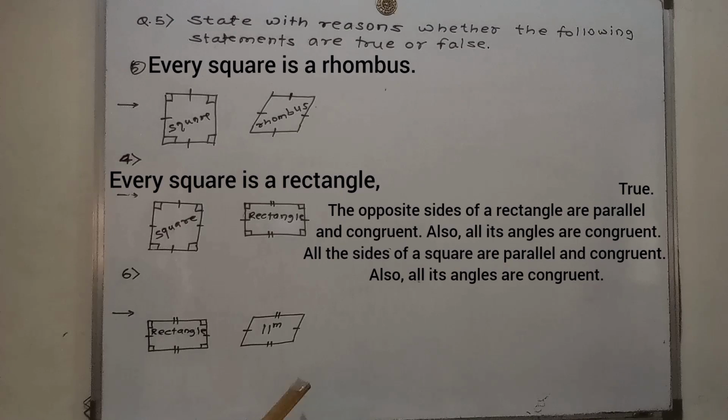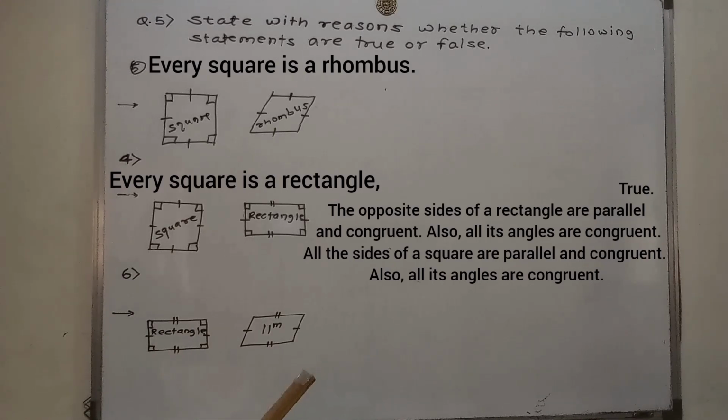Did you get it? Now in square, opposite sides are congruent and parallel, but here all sides are congruent. All sides are congruent and opposite sides are parallel to each other.